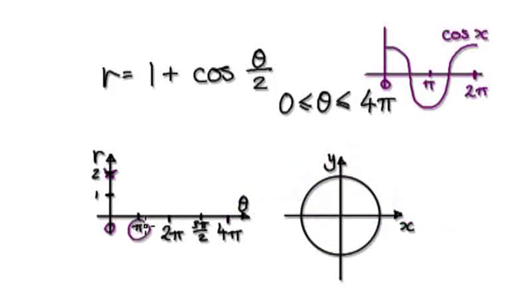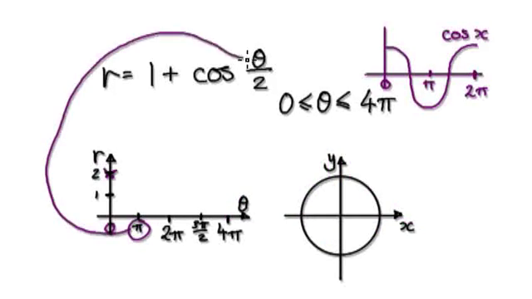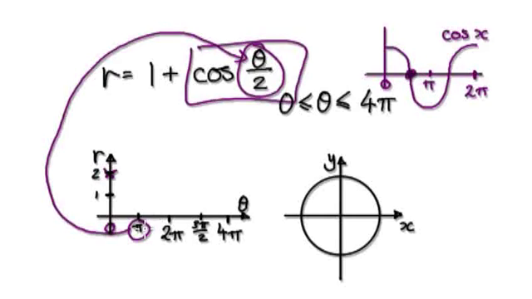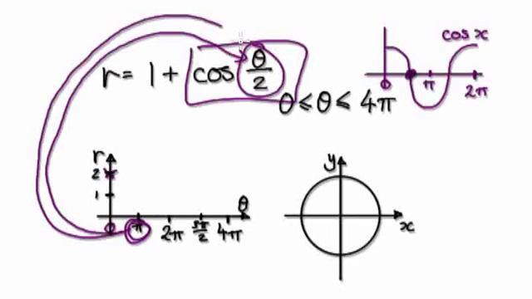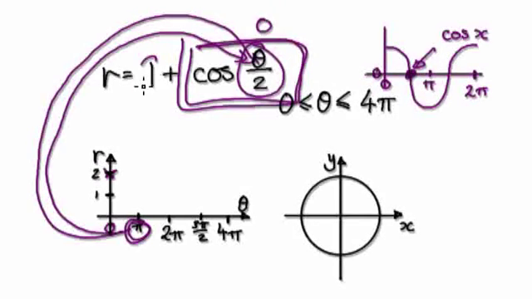Because if you put pi into theta here, that would be cos of pi over 2. So when you put pi into here, this whole block will be 0. So it'd be 1 plus 0, which will be 1.